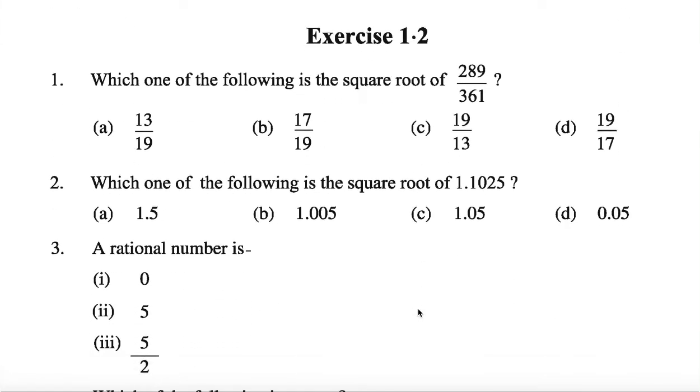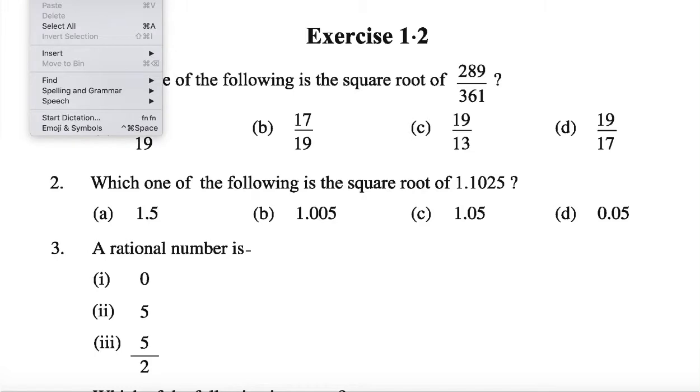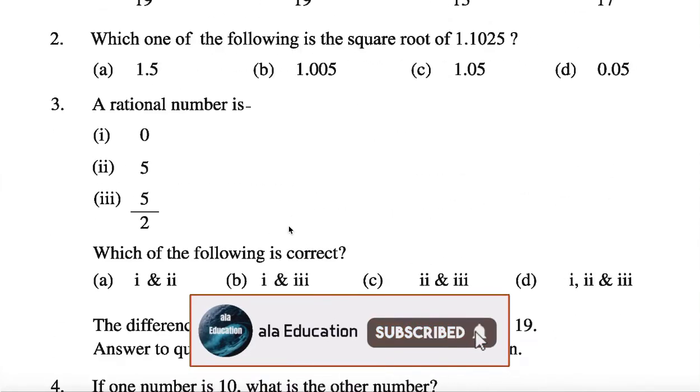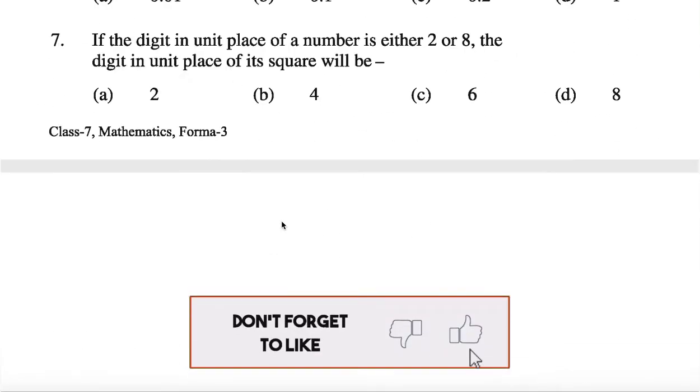Exercise 1.2. Which one of the following is the square root of 289 by 361? What is the square root of 289? If you have a doubt like this, you can insert a blank page. 17, I guess. 289's root is 17.